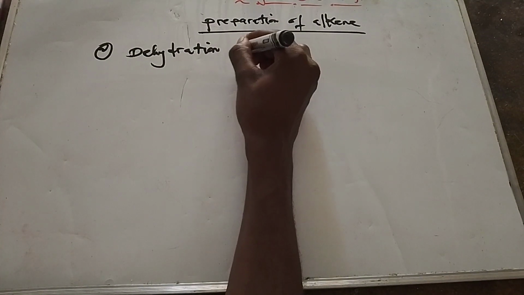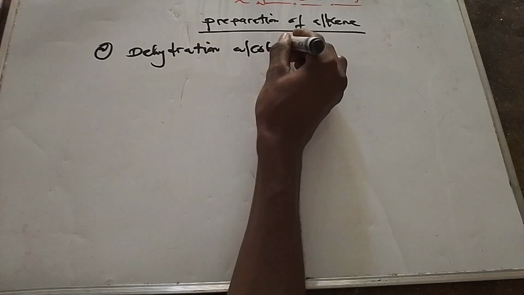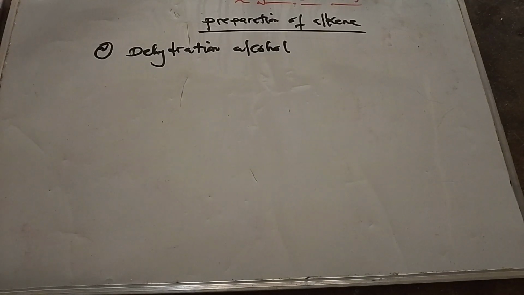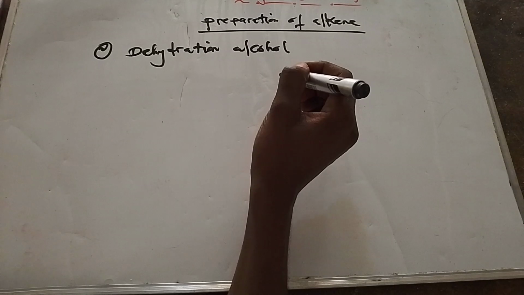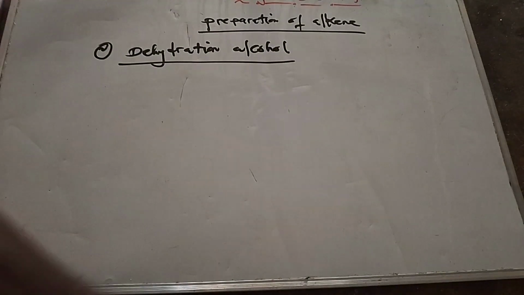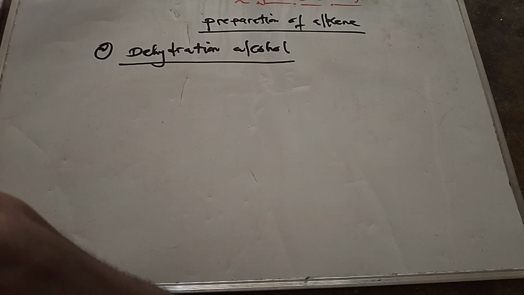What are we dehydrating? We're dehydrating alcohol. So alkenes can be prepared by using this method. Now when an alcohol is dehydrated, it means water has been extracted from it.